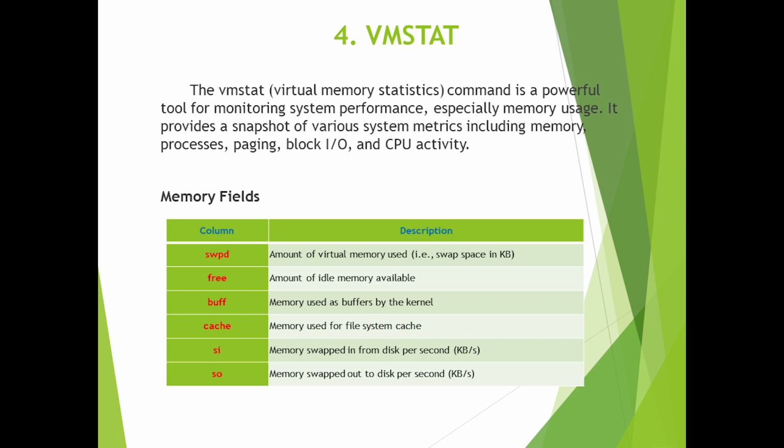The vmstat command is a powerful tool for monitoring system performance, especially memory usage. It provides a snapshot of various system metrics, including memory, processes, paging, block IO, input output, and CPU activity.